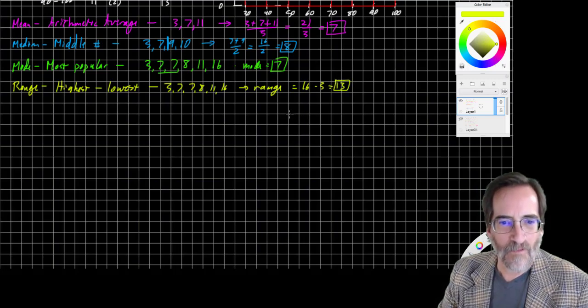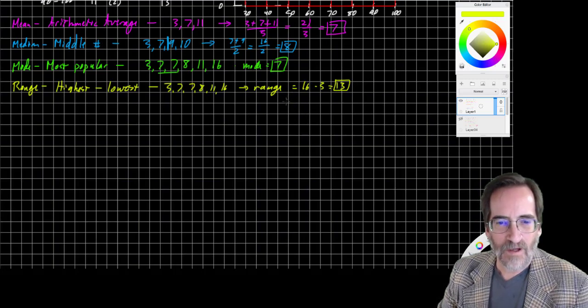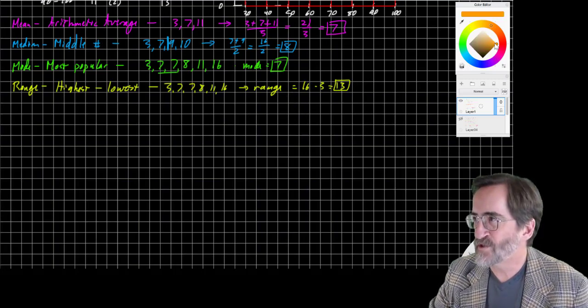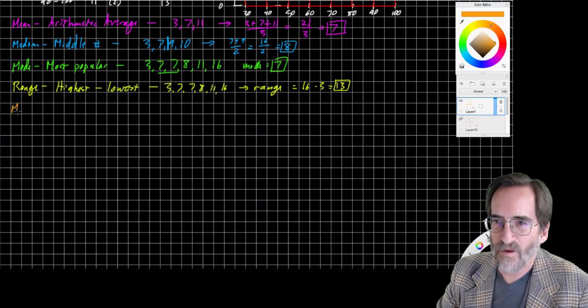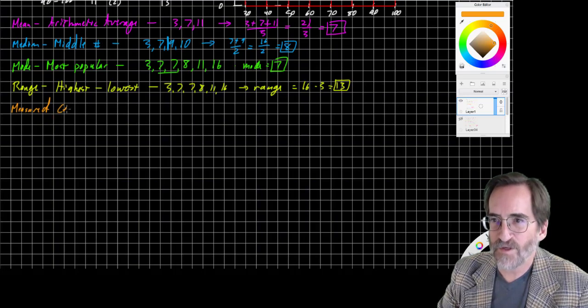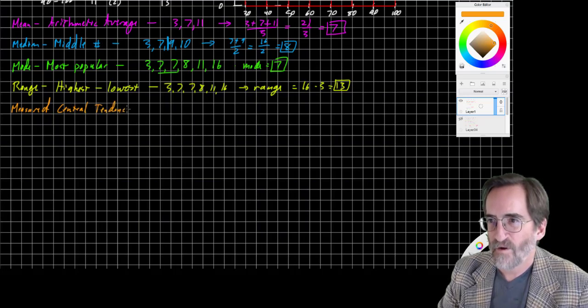Okay. Measure of central tendency. So when you're given a list, where's the middle, kind of, right?